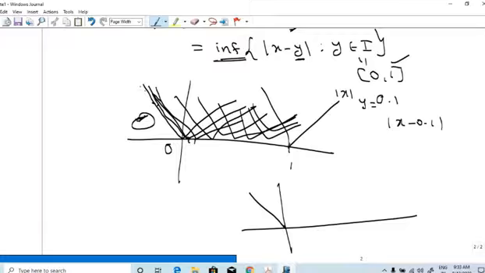Therefore, the minimum is mod x equal to 0 on one side, and on this side also we get the minimum. So this is 0, and this side we get 1. So the graph lies on the x-axis. Okay, this is the graph. So this is the minimum of all these graphs.